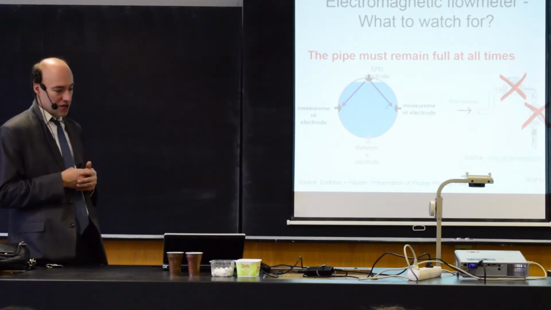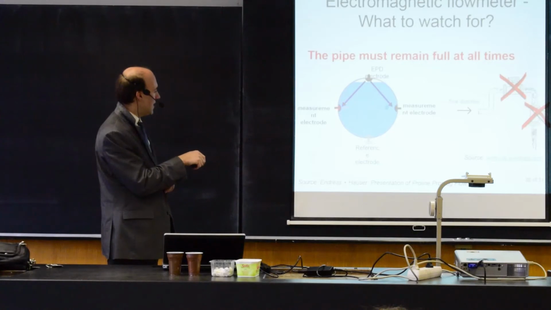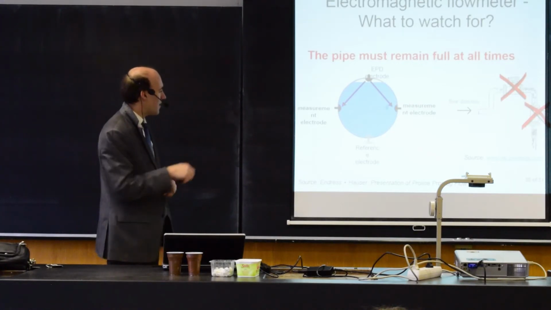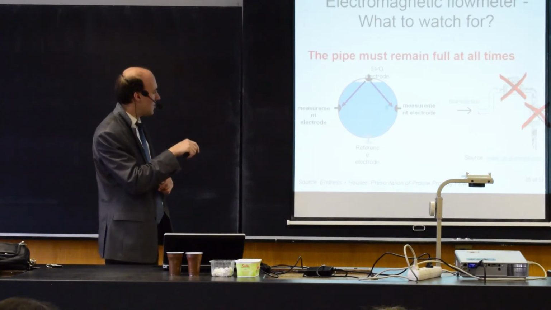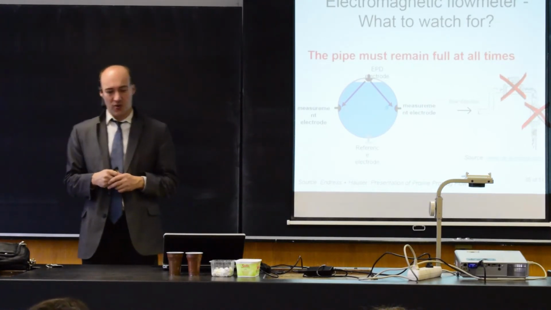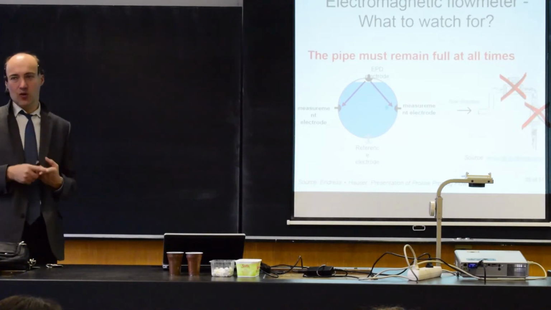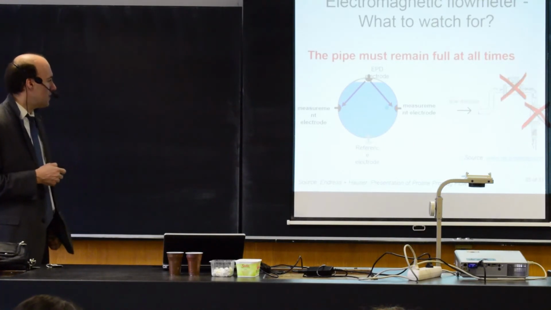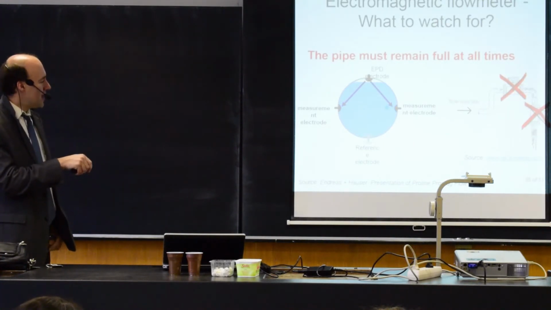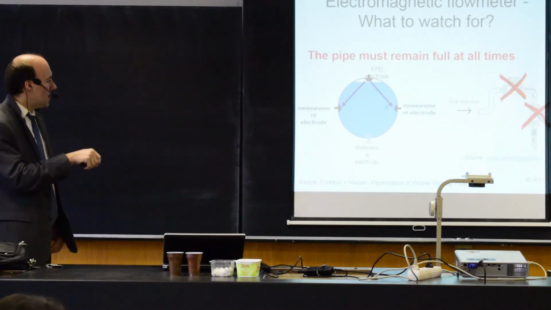So how to install? Here you have the measurement electrodes that are in the horizontal direction. The field coils are in the vertical direction, and what's the most important is that the pipe must remain full at all times. Otherwise you do not measure the correct cross-section. So you should never install the flow meter like this in a horizontal pipe when the flow is going up.